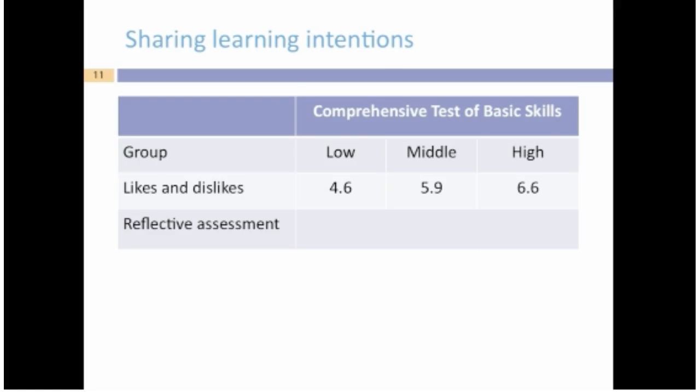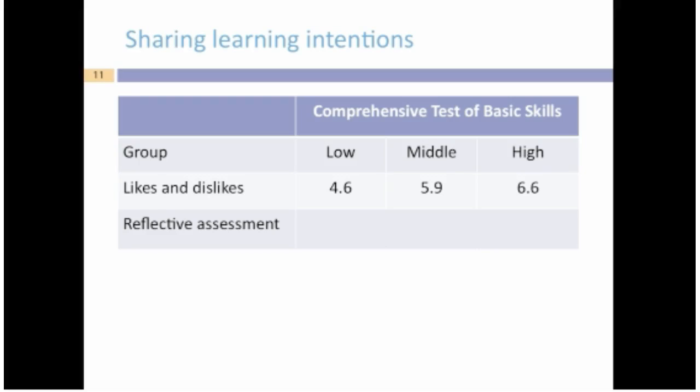To check that this study was properly balanced, all the students in the study were given the comprehensive test of basic skills. And then they looked at the scores in physics achieved by the students according to their scores on the test of basic skills. So they divided all the students into 3 bands, low, middle, and high, according to their score on the comprehensive test of basic skills.